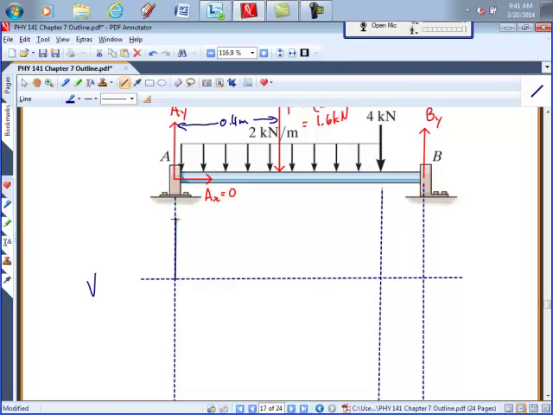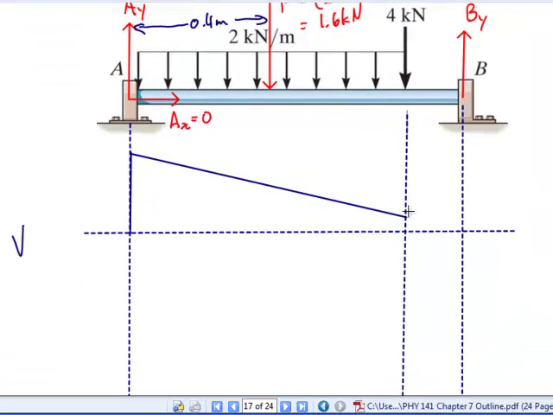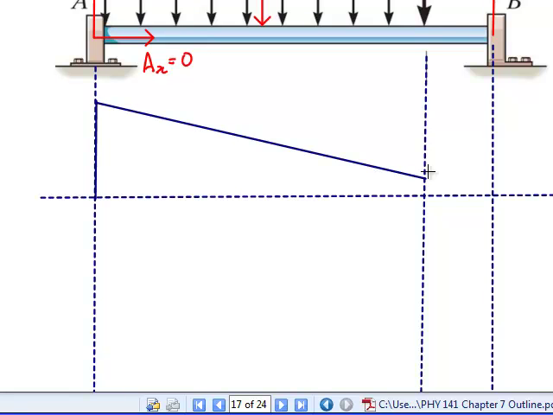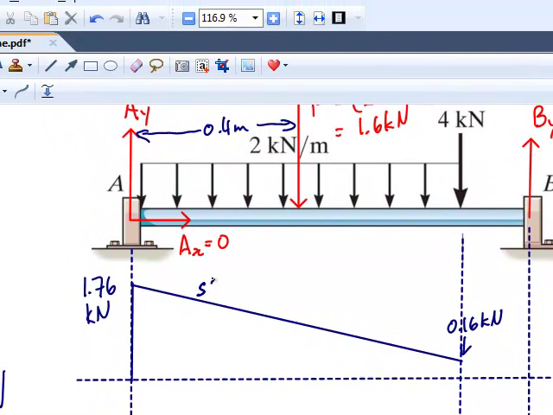So it starts here at 1.76 and goes down to 0.16, because this has a slope of -2 kilonewtons per meter.